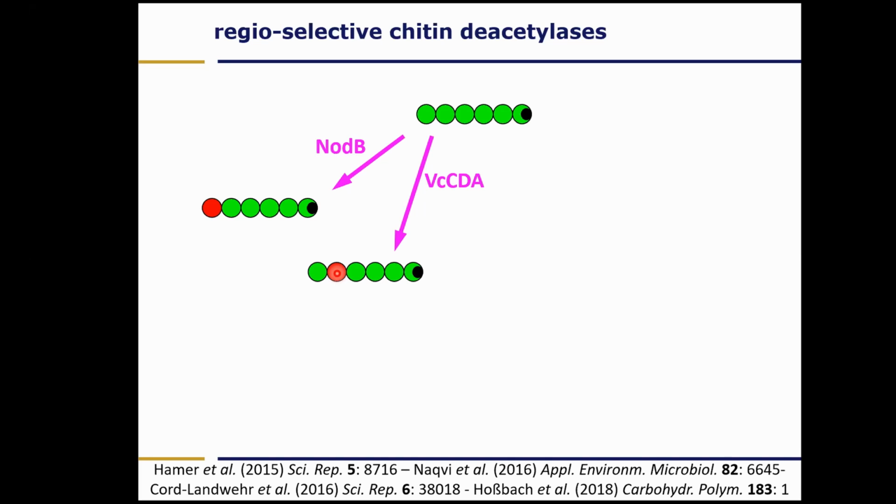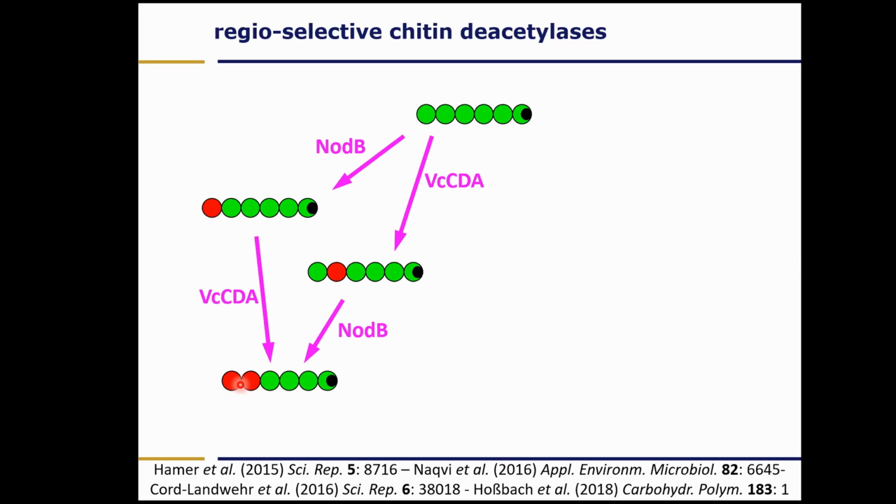And the nice thing is that these enzymes can also be combined. They can act on the subsets of each other. So by combining them, we can have a chitosan, which in this example here is a chitosan hexamer with two deacetylated units, and they are specifically the two units next to the non-reducing end.